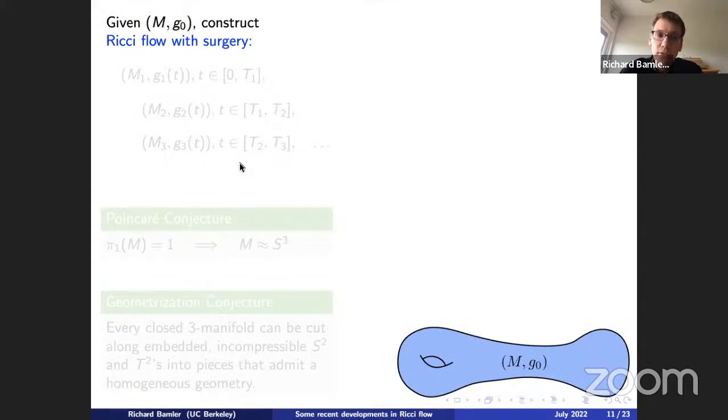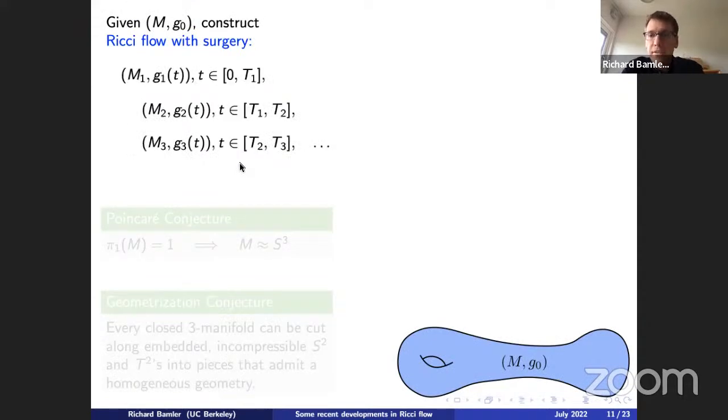A Ricci flow with surgery is given by a sequence of Ricci flows parameterized by consecutive time intervals that are defined on manifolds of potentially different topology. These Ricci flows are related to each other via a surgery step. The definition of the surgery step is quite technical, and it fills about 1.5 pages. So it's a bit too much for this talk.